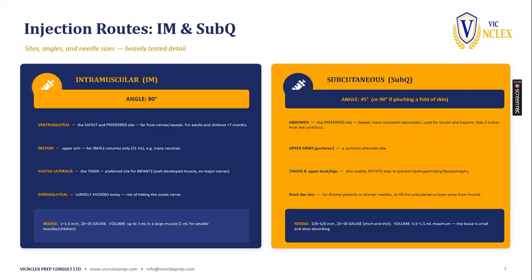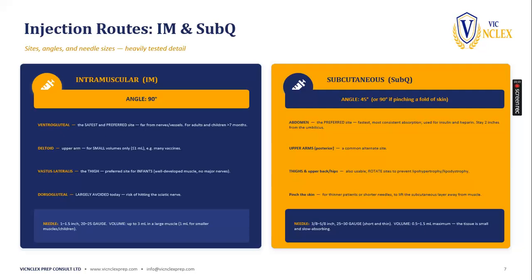So we have the ventrogluteal and then we have the dorsogluteal. Take note of the two different ones. Ventro simply means anterior, dorso means posterior. Are you following? So the anterior part of the gluteal muscle is safest when compared to the dorsogluteal area, which is the posterior aspect. So take note of that.